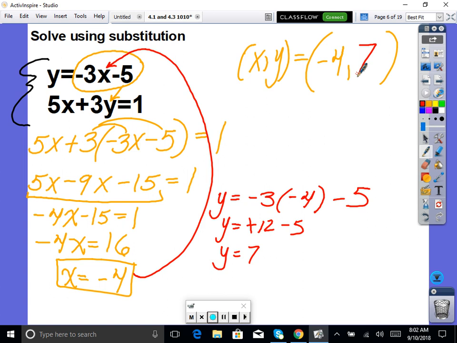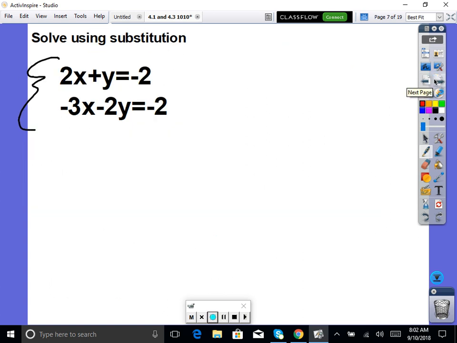Okay. One more, then I'm going to have you practice. So, in this one, which variable would you solve for? Y in the top or bottom? The top, because there are no fractions we have to divide out. So we're going to use the top, and we're going to solve for y. So get y alone. Subtract 2x, and rewrite it.